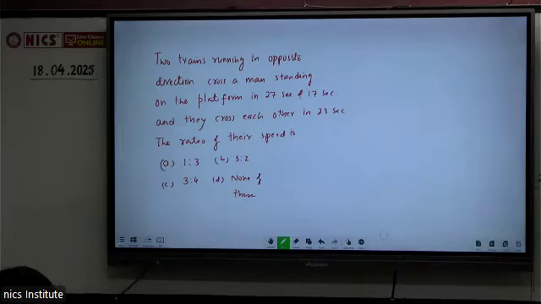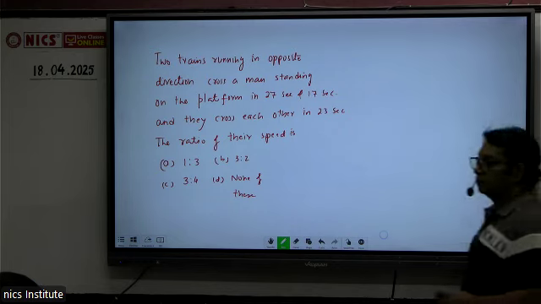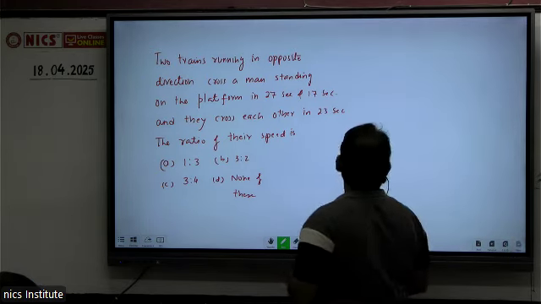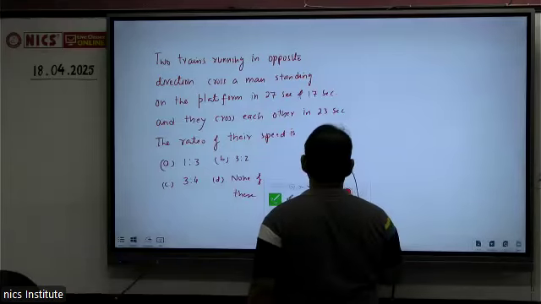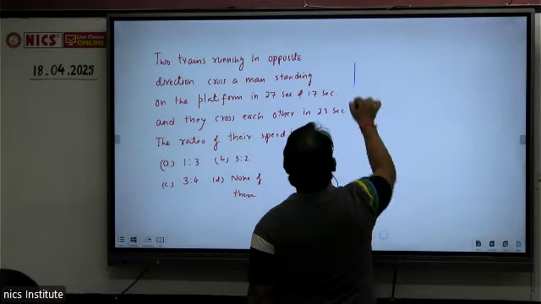No, they're crossing a man standing on the platform. This you'll use later. You can take lengths as L1, L2, speed V1, V2.